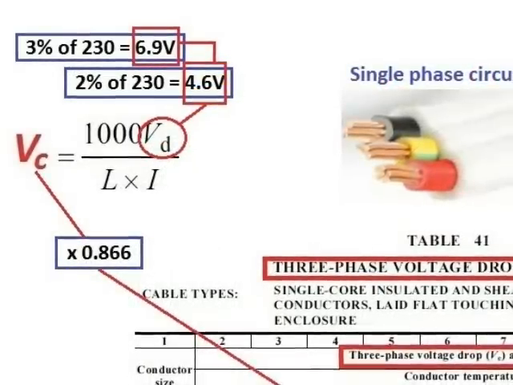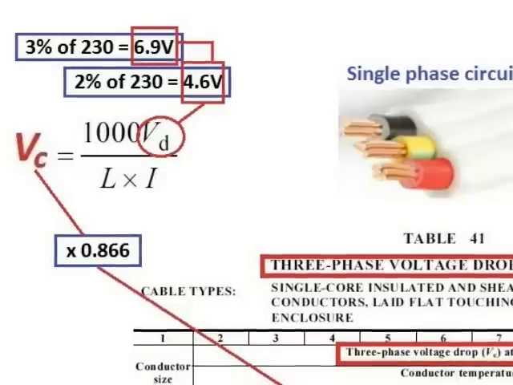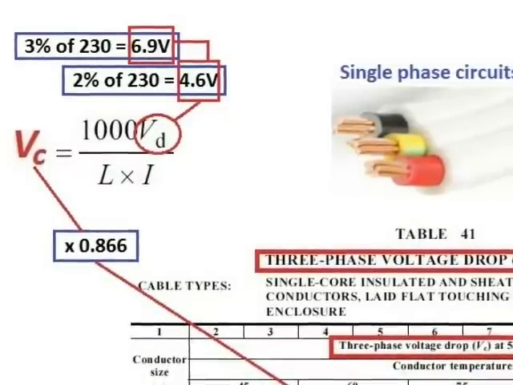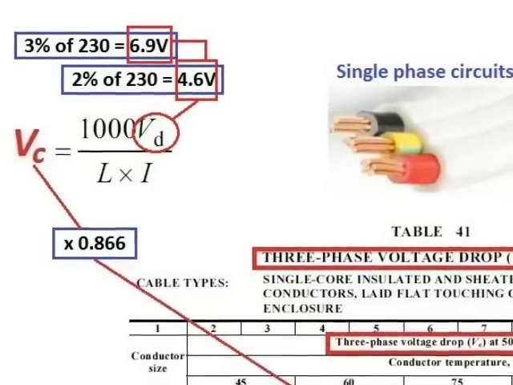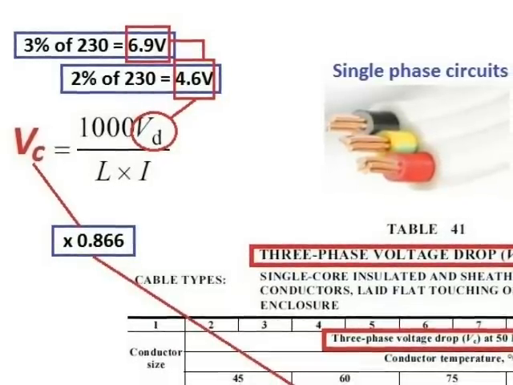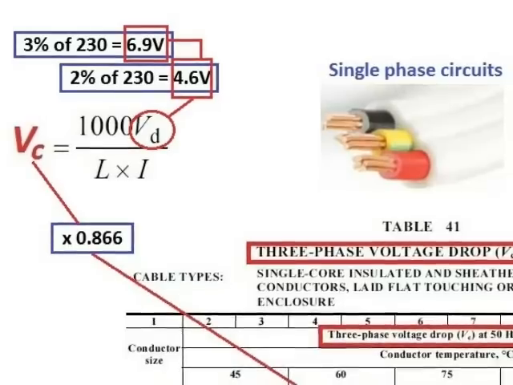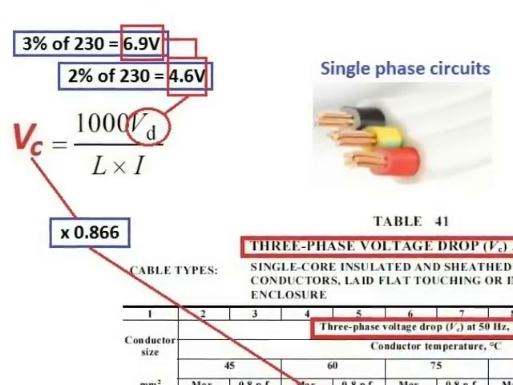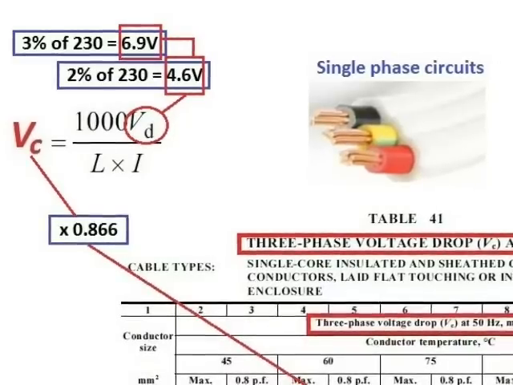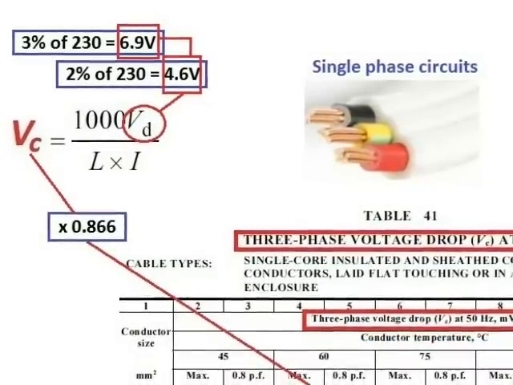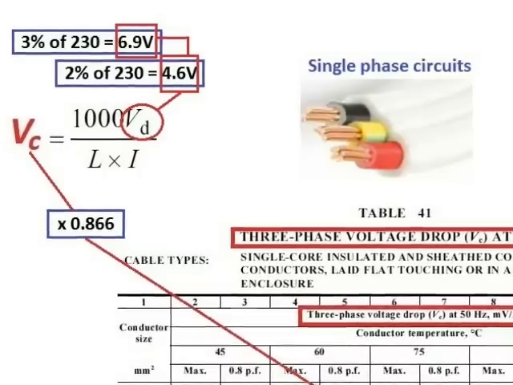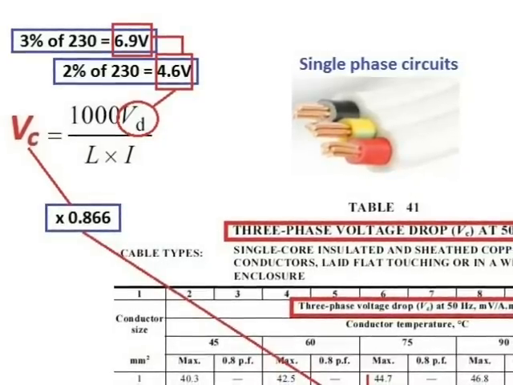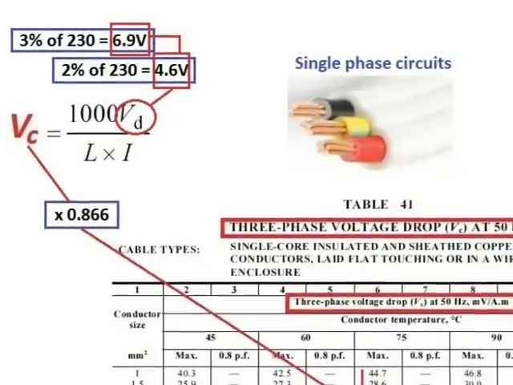Now, in this case, I've got a single phase circuit. So this is the process of using the three-phase tables with a single phase circuit. So in this case, I'm going to use the VC to determine the size cable that's suitable to meet the volt drop requirements. So again, for the value of VD, I have to determine how much of that 5% I'm going to apply, whatever voltage drop I'm permitted there.